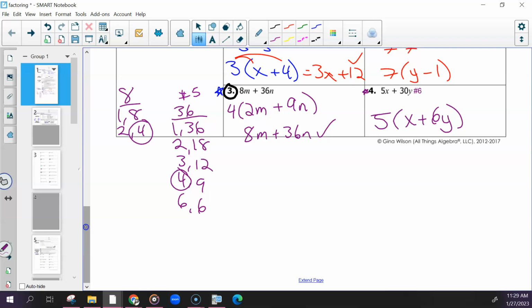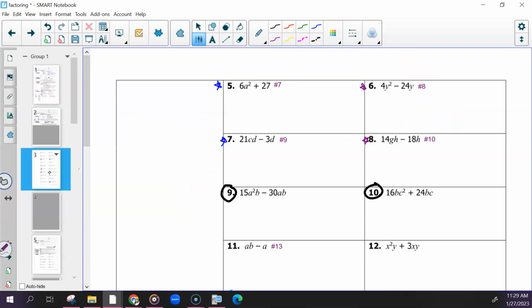We're going to jump around here. Let's start with 6. Highest number we can divide out of both? 4. Can we divide out any y's?